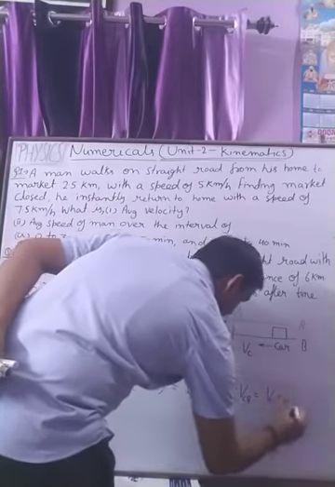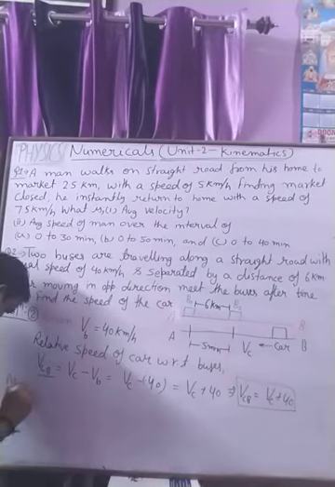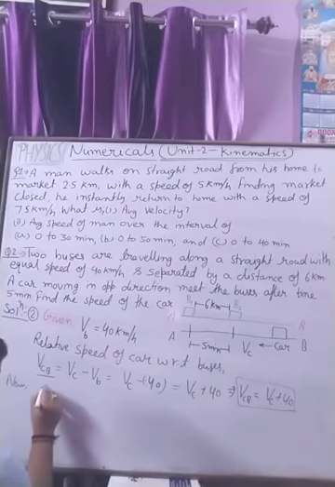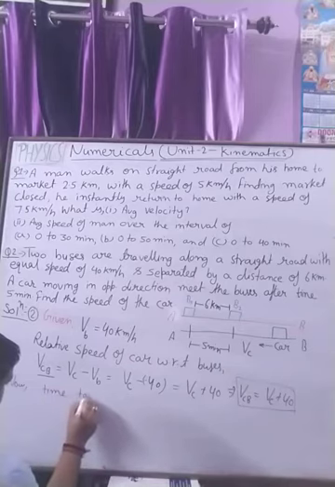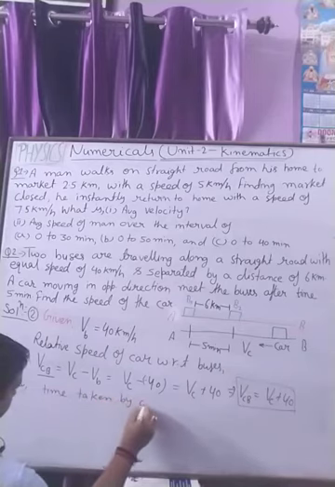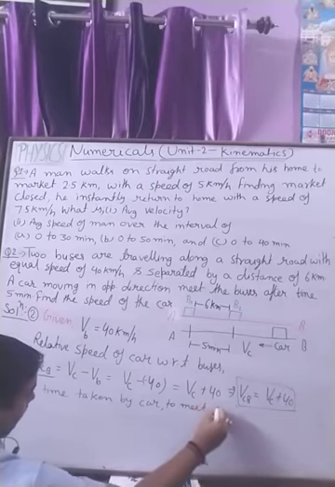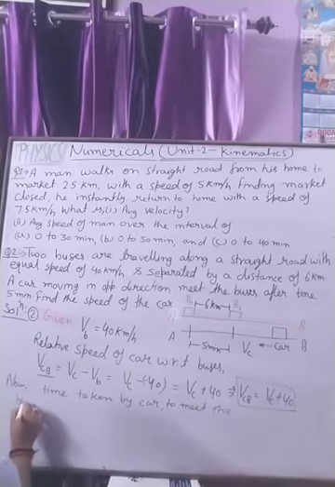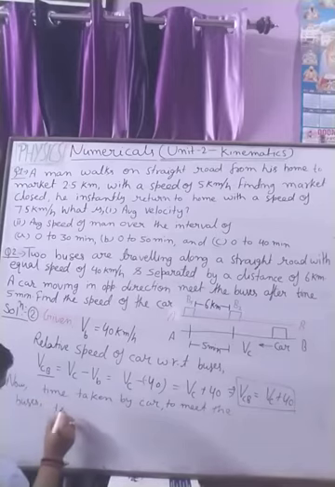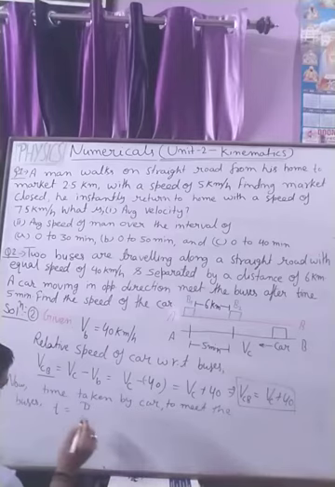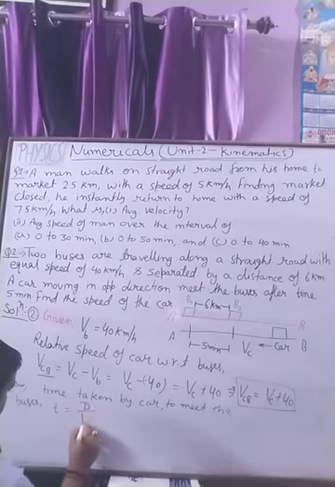Okay, now the time taken by the car to meet the buses is T is equal to distance upon relative speed, which is VCB.